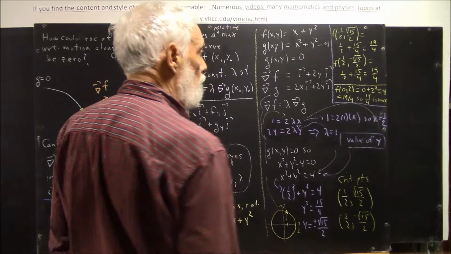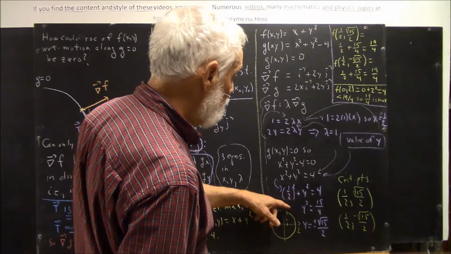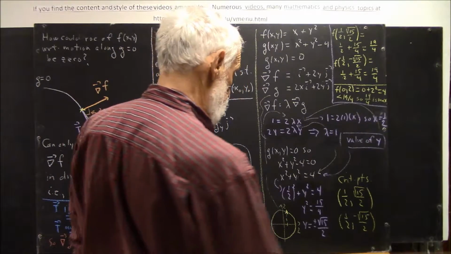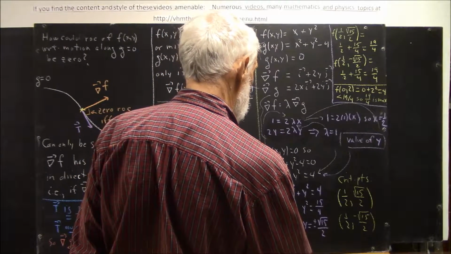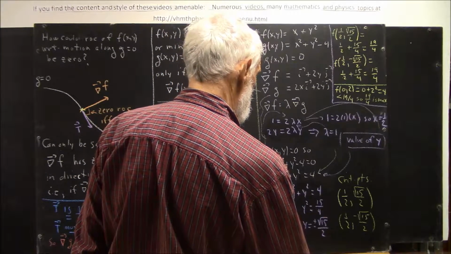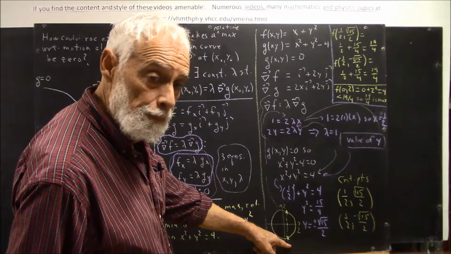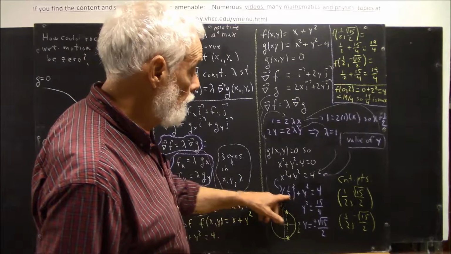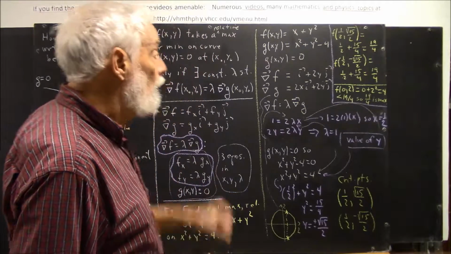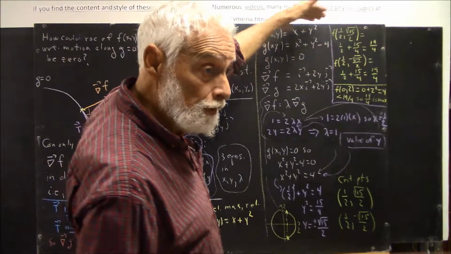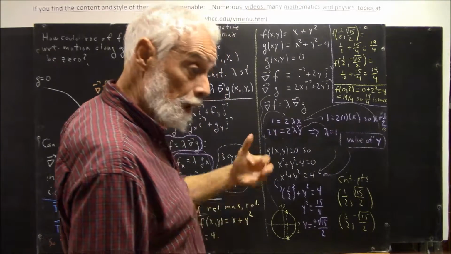So the point 1/2, square root of 15/2 would be here. And the point 1/2, negative square root of 15/2 would be here. This tells you that as you move around this circle, sometimes the f of x, y function is increasing, sometimes it's decreasing.